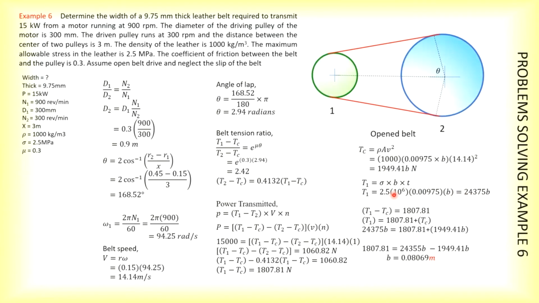The width is unknown, so you put T1 and TC into this equation, and when you solve, you will be able to find the width of the belt. All this manipulating work you must know by now, because it is simple mathematics. So you will be able to find the width of the belt for this question.